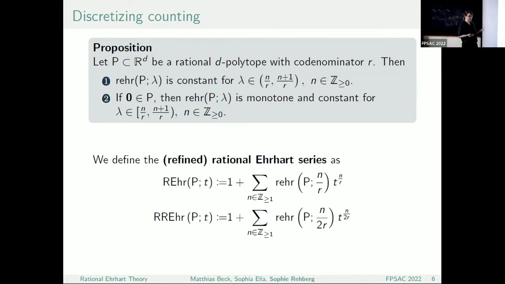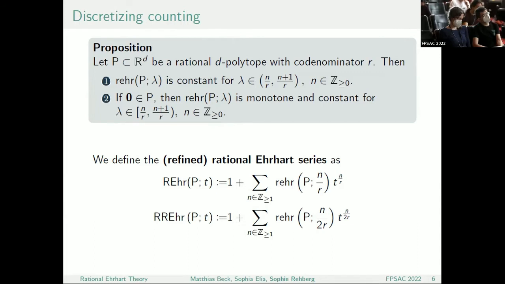So for a polytope that contains the origin, if I want to know all the data of every dilate, actually I only need to know the values of this counting function for multiples of 1 over r, right? Because then it's constant, and then I have the next multiple of 1 over r. And I can define a rational Ehrhart series by just using those data, and I will have all the information that I need.